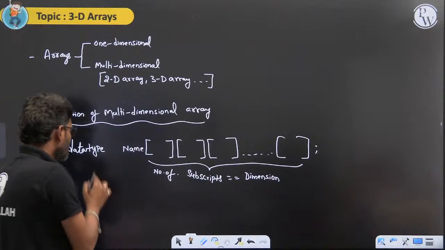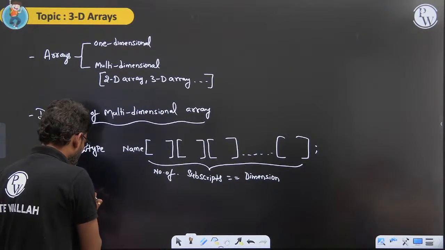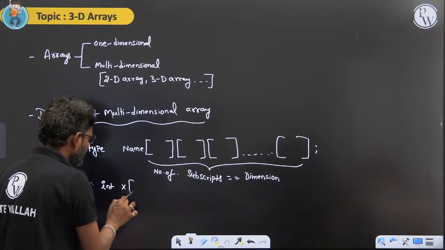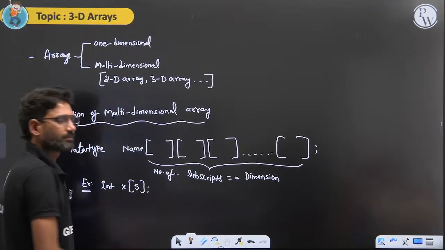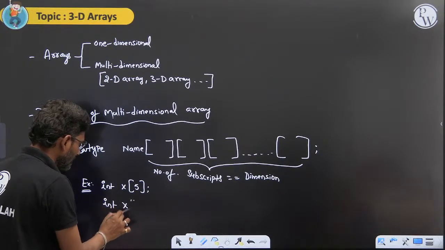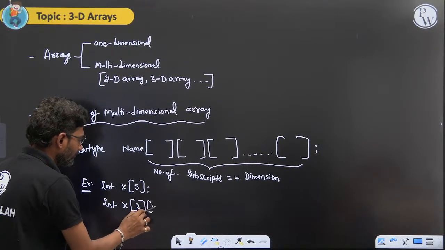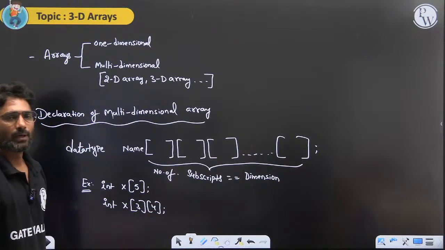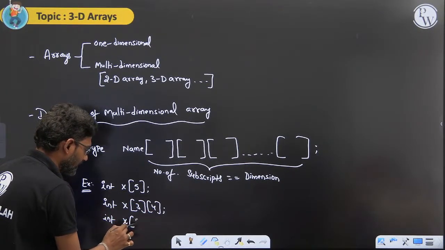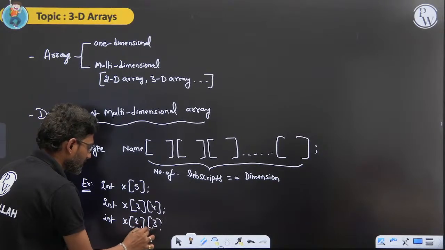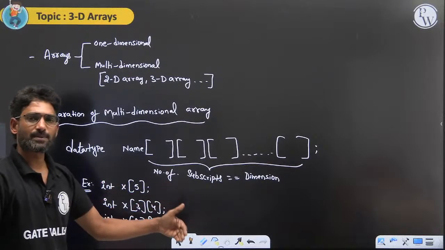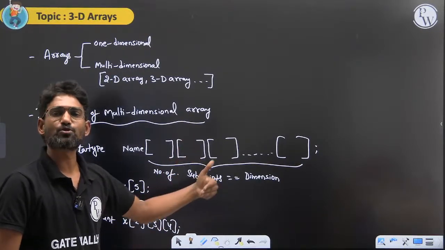That means if it is a 1D array, we will be writing just one subscript like int x[5]. If it is a 2D array, we will be writing two subscripts like int x[3][4]. If it is a 3D array, how many subscripts do we write? 3 subscripts. 4D array, 4 subscripts. 5D array, 5 subscripts and so on.